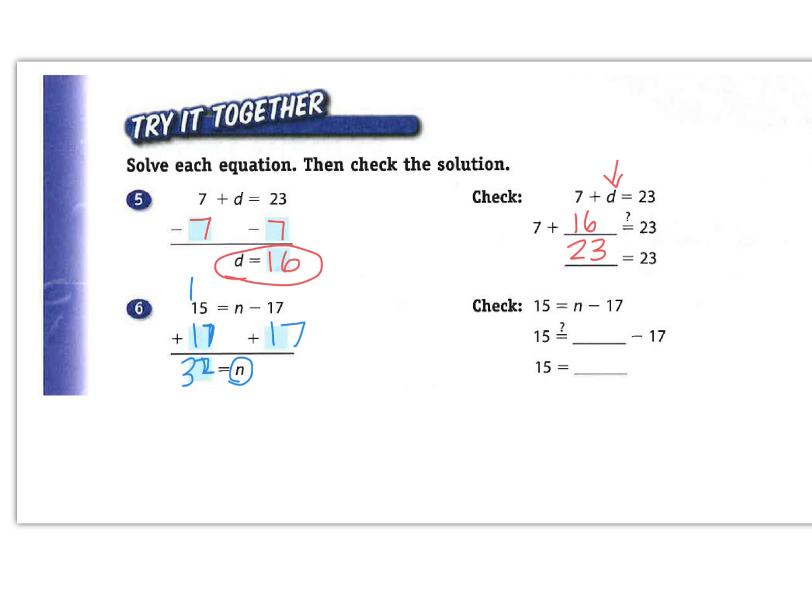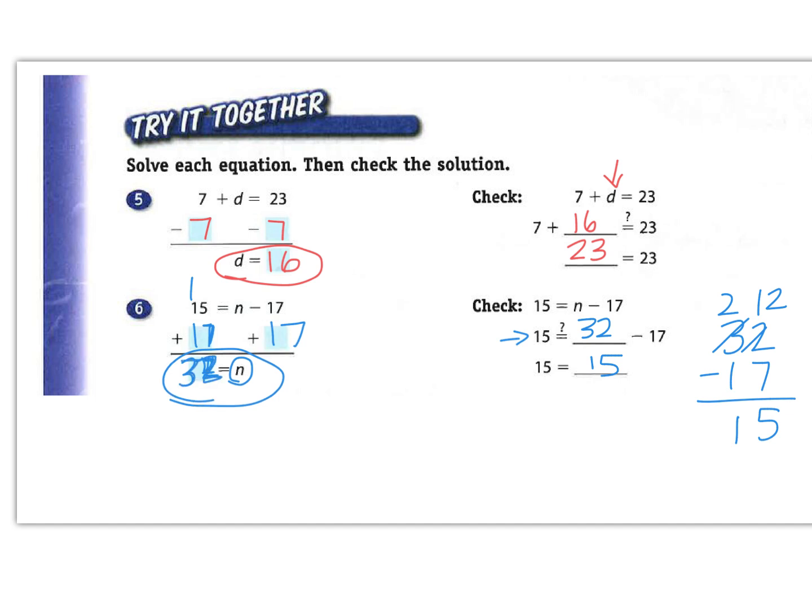So now we got to check, okay, does it equal 32 minus 17? I'm going to line it up to double check. Got to borrow from here, make this a 12. 12 minus 7 is 5. 2 minus 1 is, yep, so that equals 15. So then that's how we know n equals 32 or 32 equals n is correct.